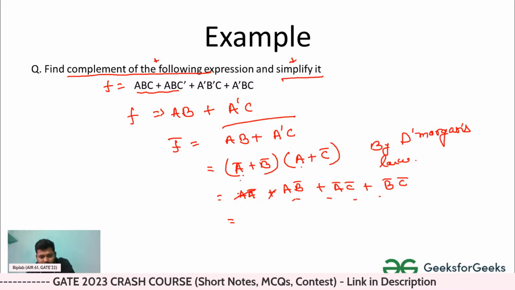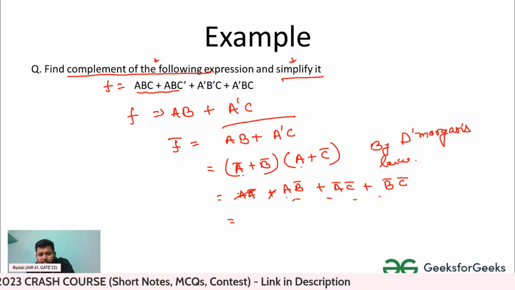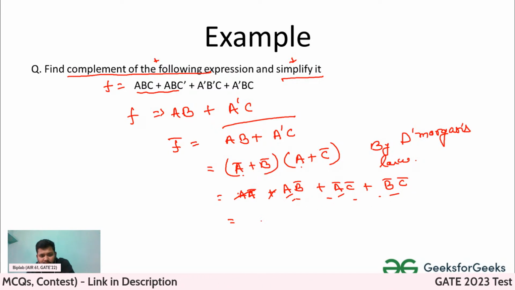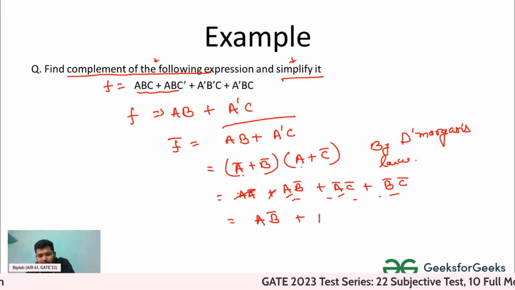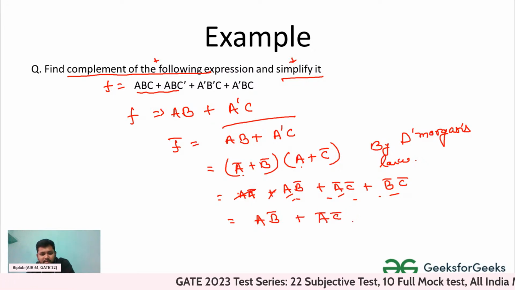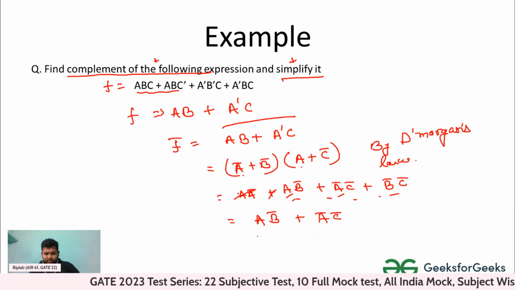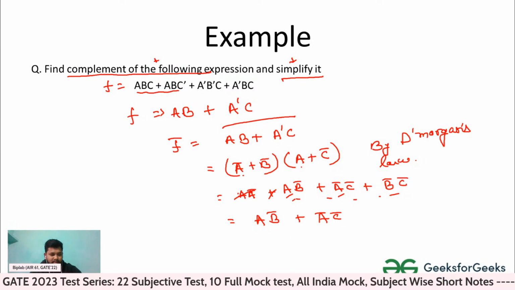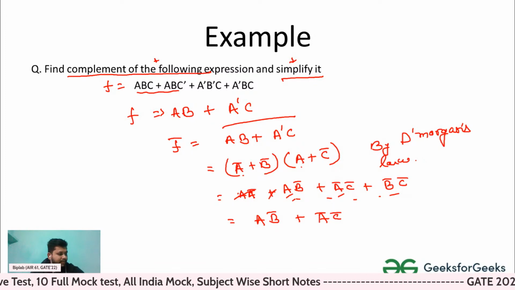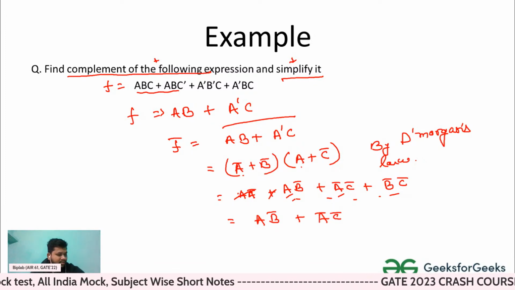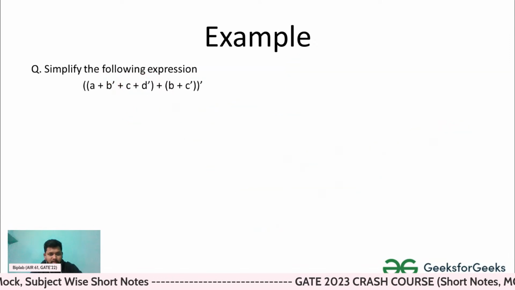Yeah, right. So you have A bar, and B bar and C bar is present here. So apply the consensus law: A B bar plus A bar C bar. So fine. Anyone having any doubt?